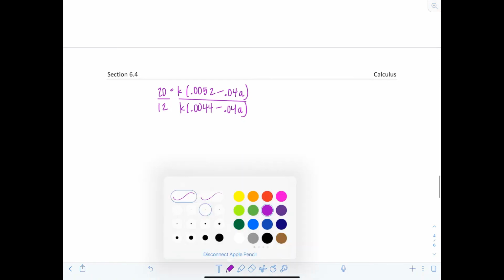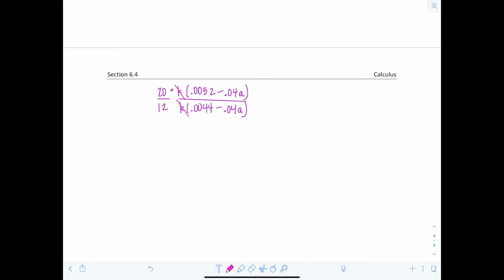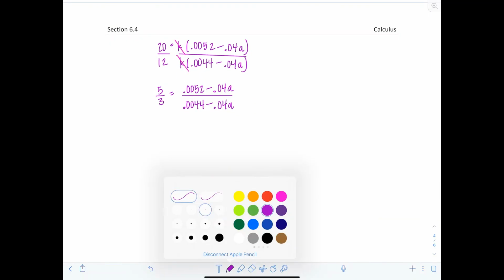So then now k cancels out. 20 over 12, that's 5 over 3. And then I have 0.0052 minus 0.04a in the numerator over 0.0044 minus 0.04a in the denominator. And then you can cross multiply.